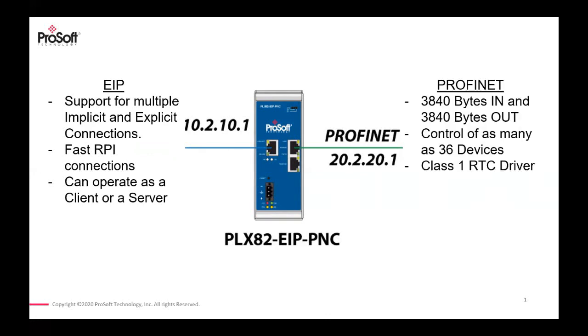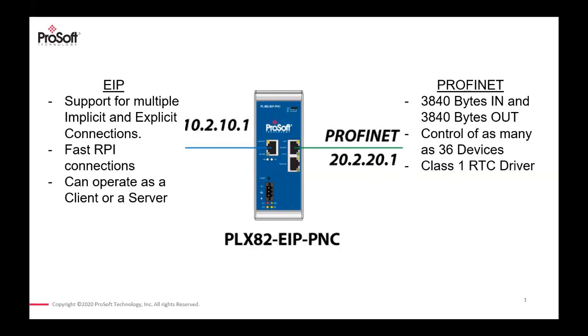On the other hand, on your PROFINET side, you're going to have a solution that has 3,840 bytes input-output that can control as many as 36 devices. Because remember, he's looking at it from the point of profits. If one encoder can work very well, then why not change all the encoders to just become PROFINET encoders?